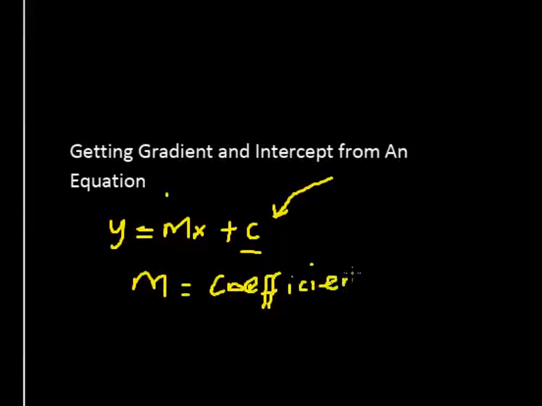So to get the gradient is easy: whatever is the coefficient of x, that is the gradient. And of course the intercept becomes c, which is just the constant value in that equation.